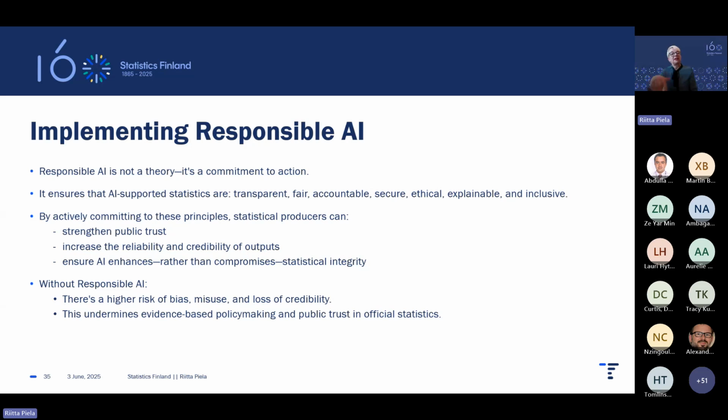By actively committing to these principles, statistical producers can strengthen public trust and increase the reliability and credibility of outputs, and ensure AI enhances rather than compromises statistical integrity. Without responsible AI, I think there's a higher risk of bias, misuse, and loss of credibility, and it will undermine evidence-based policymaking and public trust in official statistics.